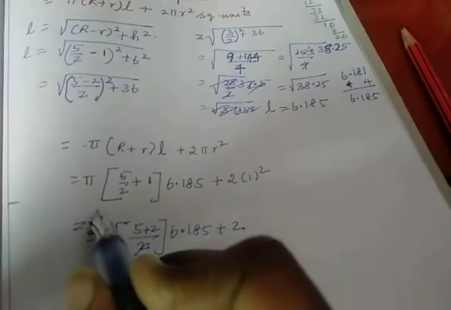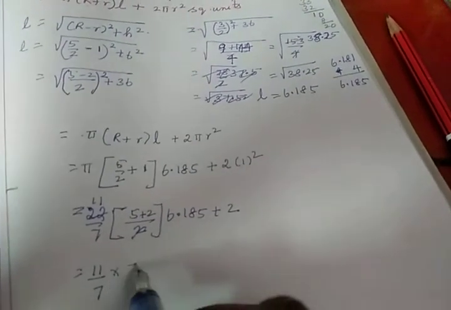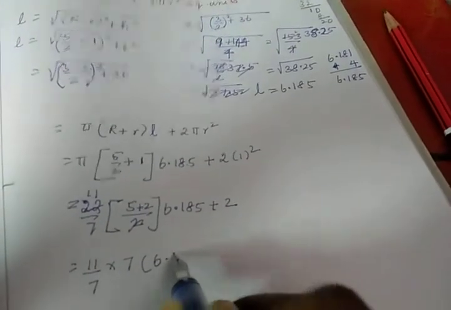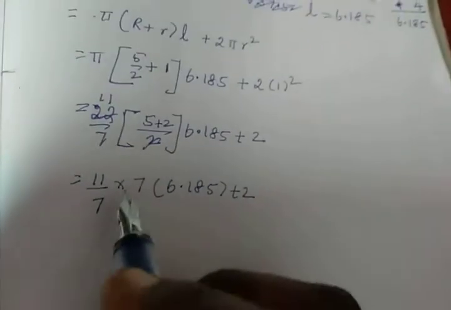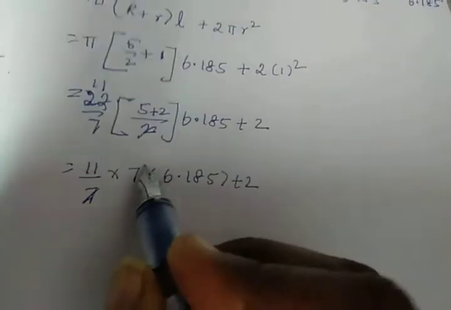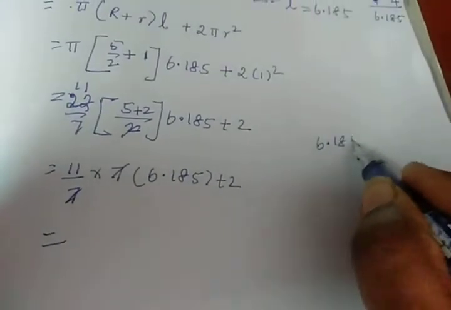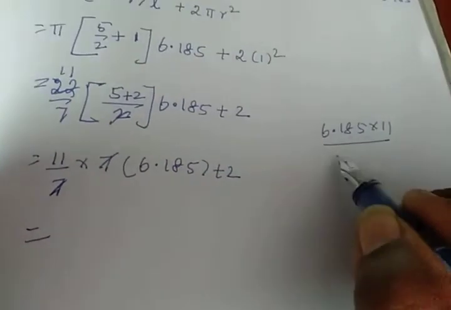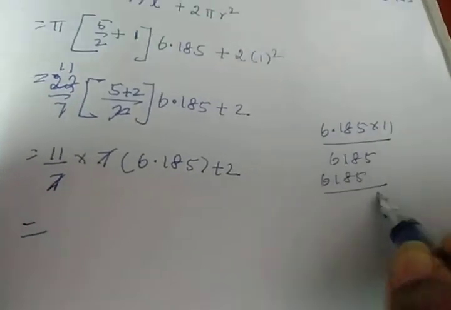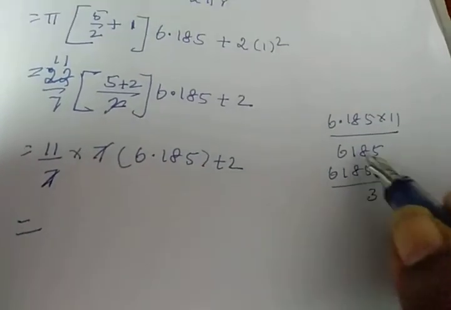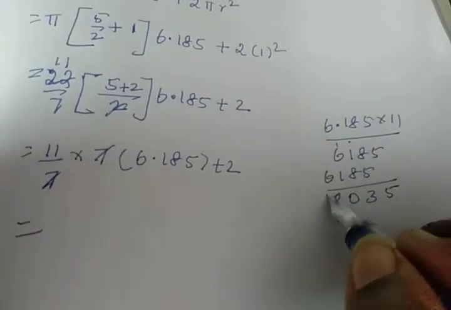This 2 and 22 can get cancelled. It is 11 by 7 into 7 into 6.185 plus 2. Now this 7 and 7 will get cancelled. Now multiply 6.185 into 11. We will get 68.035.